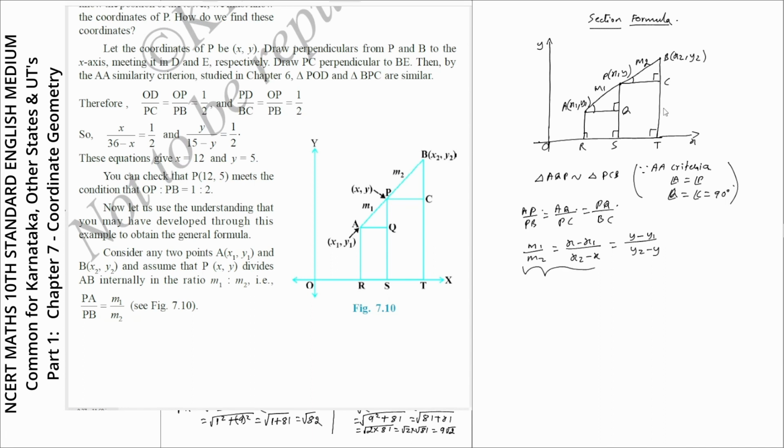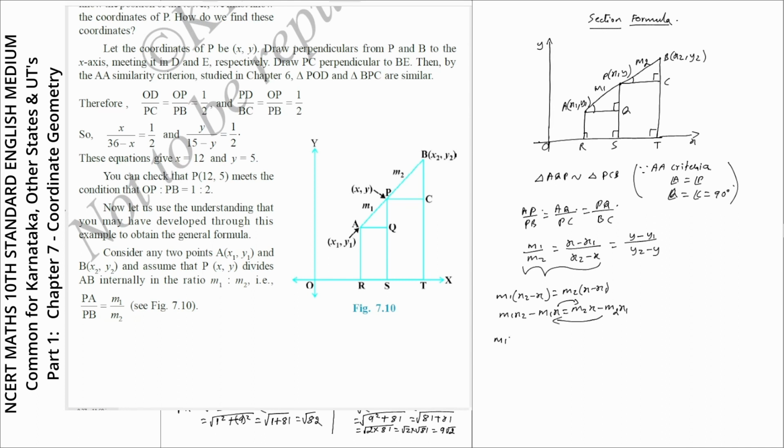Now I'll take only these two and I'll cross multiply. Okay, if I cross multiply, m1 into x2 minus x is equal to m2 into x minus x1. Now I will open the bracket. m1 x2 minus m1 x is equal to m2 x minus m2 x1 I will get. Now I will solve for x. Bring all the x terms to one side, okay, and the remaining terms to the other side, like this I'll do.